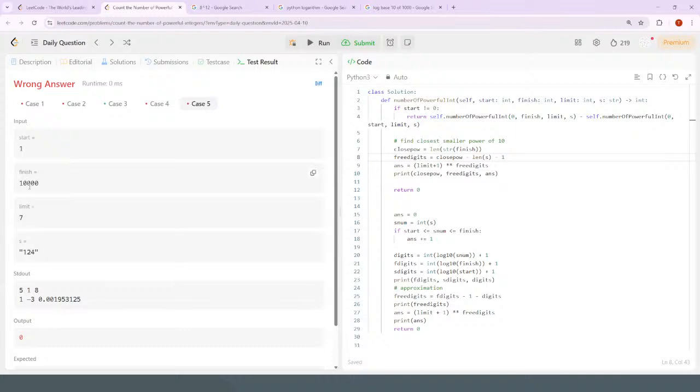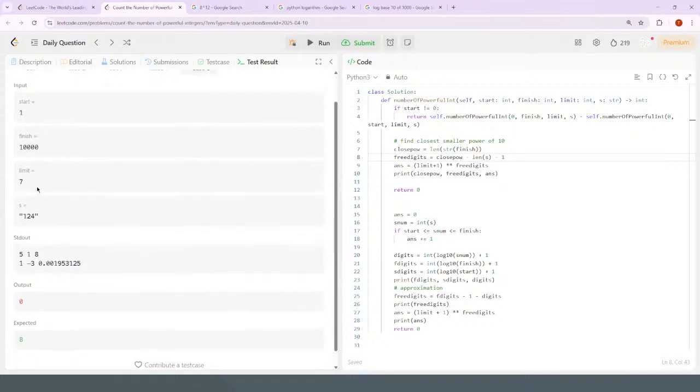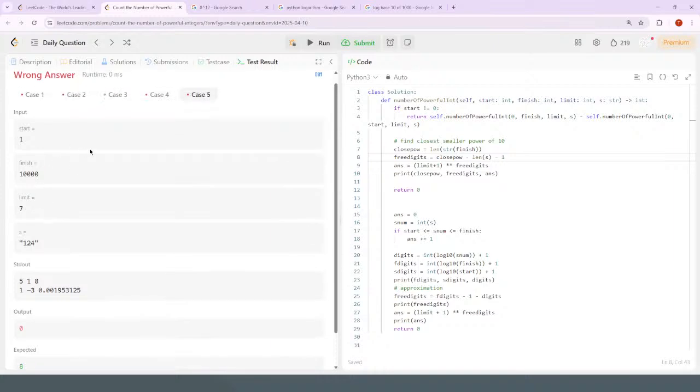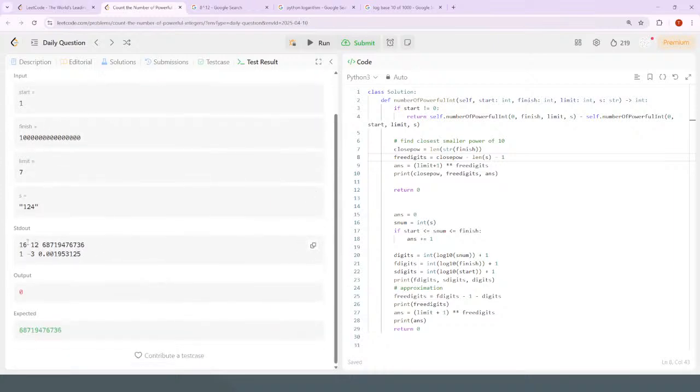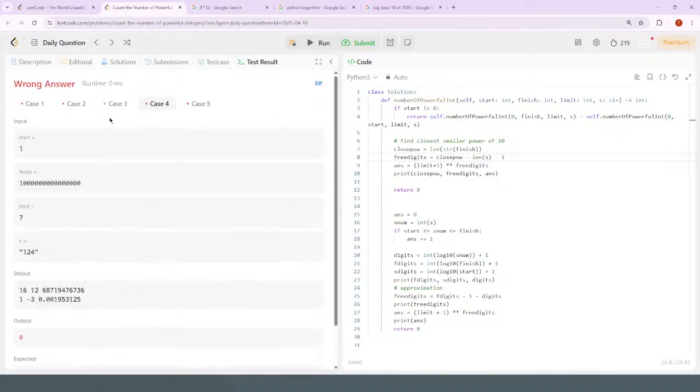So there's one free digit here, which is 8. Alright, that's correct. There's 12 free digits here. Okay. Alright, so that works for when the closest power is big, as the upper bound.